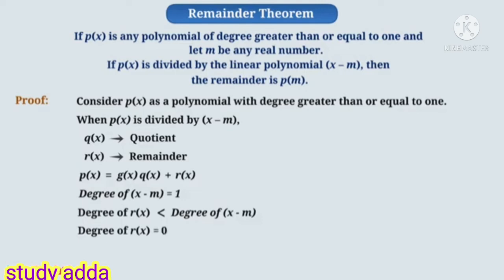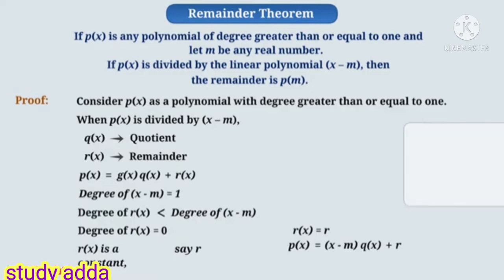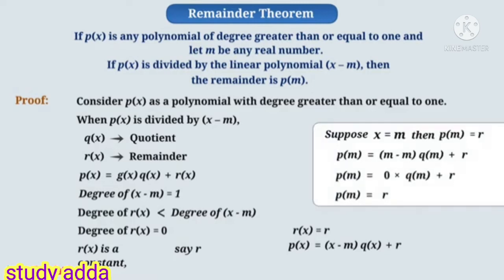A constant has degree 0. So, we can say that r of x is a constant, suppose r. Therefore, for every value of x, r of x is equal to r. So, we can write p of x is equal to x minus m, q of x plus r. This proves the theorem. By using this theorem, we can easily find the remainder when two polynomials are divided.